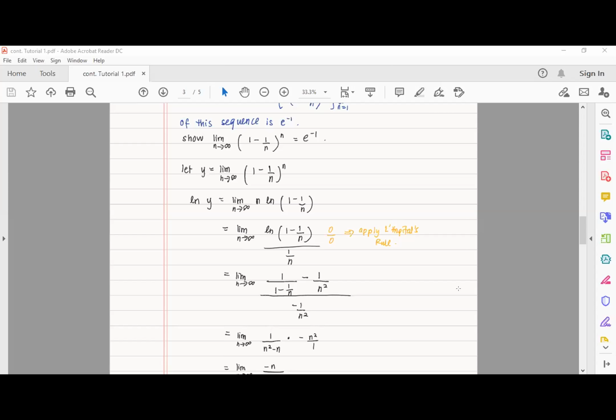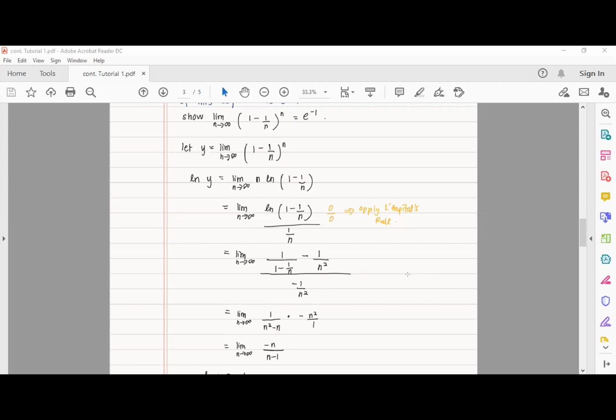Actually the log function is outside of the limit, but because you are evaluating the argument of the log, you can interchange the position. Then you apply L'Hopital's rule. That's also okay, what you have done.